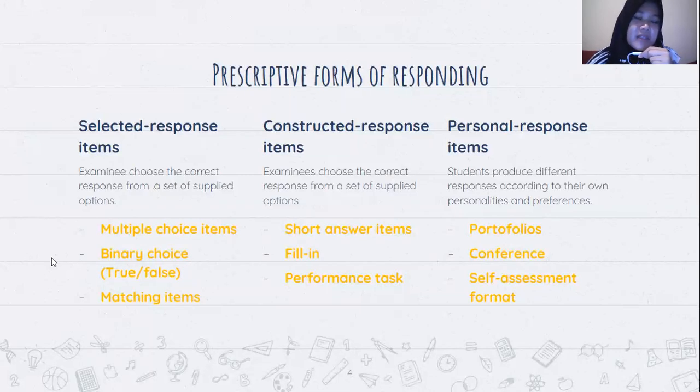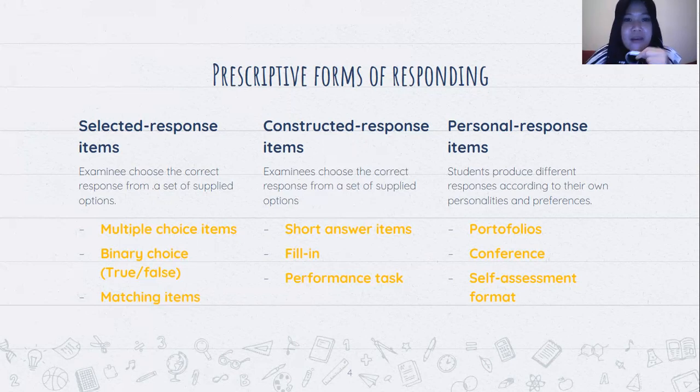The examples of these kinds of tests are multiple choice items, binary choice such as true false, and matching items. And then the second kind of test item is constructed response items in which examinees choose the correct response from a set of supplied options.